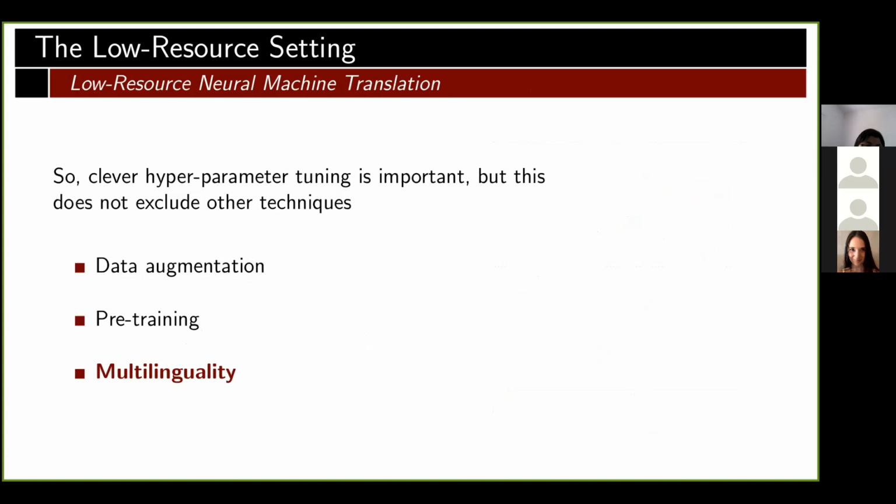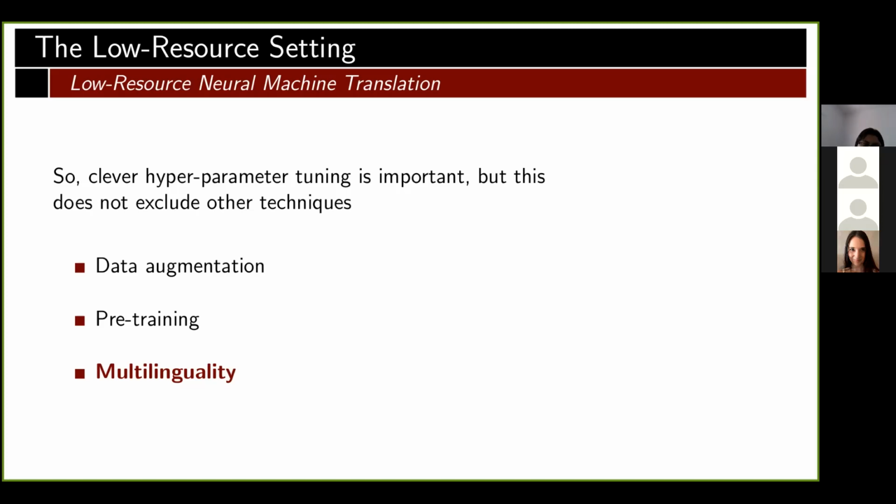So other things that we have been doing before in several other experiments is data augmentation. We have seen back translation, for instance, that is the main ingredient for unsupervised machine translation. Of course, you can also do it here in the self-supervised setting. You can use pre-trained models to initialize your networks, and this also gives really very good results.